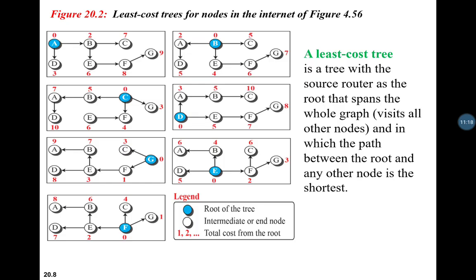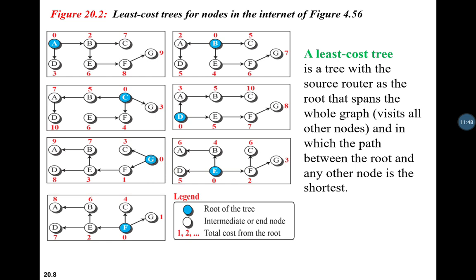So the properties of this least cost tree is that the least cost route from A to F in A's tree is the inverse of the least cost route from F to A in F's tree. So if you consider the F tree and the A tree, we can see that the least cost route from A to F, if it is 0 to 8, F to A is also 0 to 8.